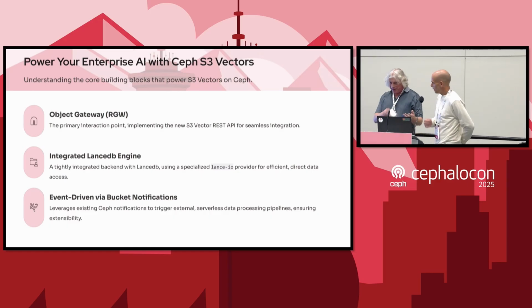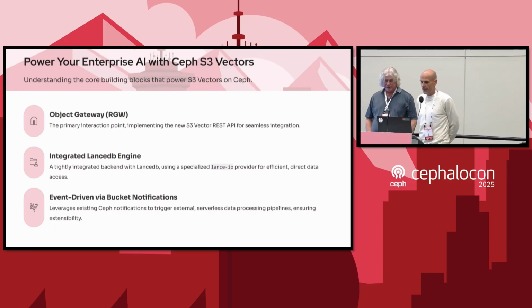No, I was just going to mention, this is the Ceph S3 Vectors that we mentioned, which is providing a subset of the S3 Vectors REST API that AWS has implemented, making it available in RGW. The piece that is going to be behind it is LanceDB, as Matt mentioned, and we will also make use of bucket notifications.